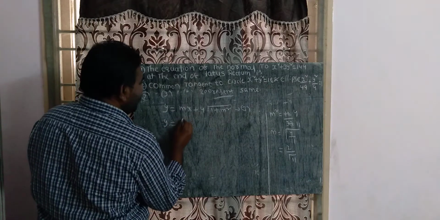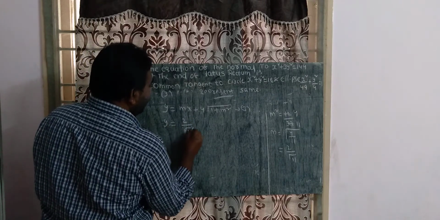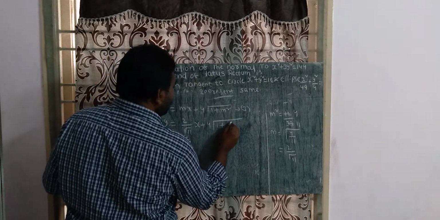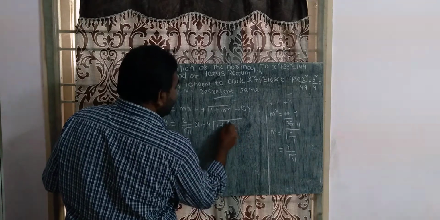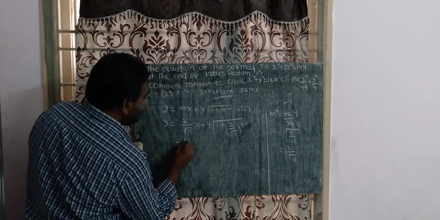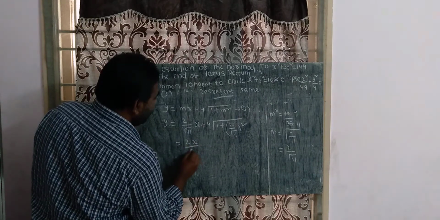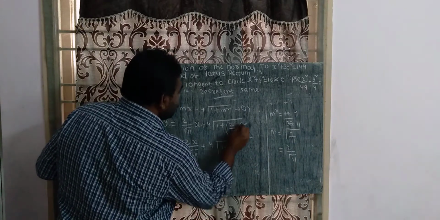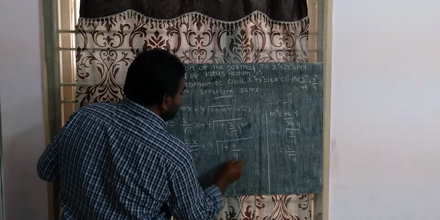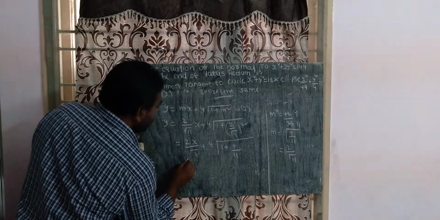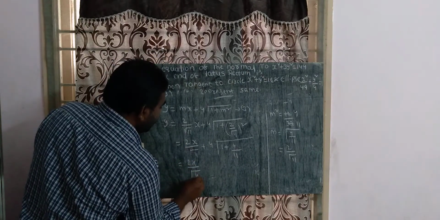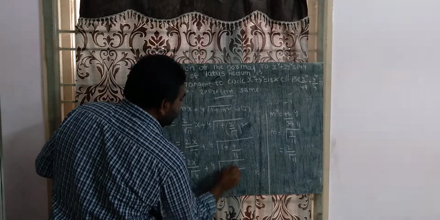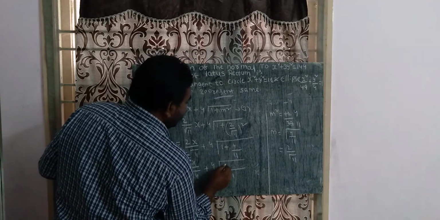That means y equal to 2 by root 11 x plus 4 into square root of 1 plus 2 by root 11 whole square. So 2x by root 11 plus 4 into square root of 1 plus 4 by 11. Take LCM 11, that is 11 plus 4, 15.